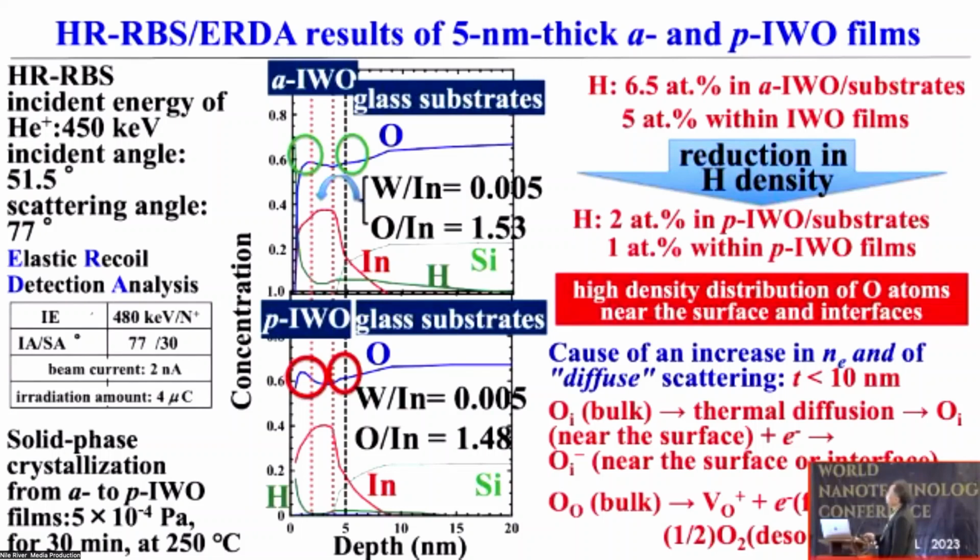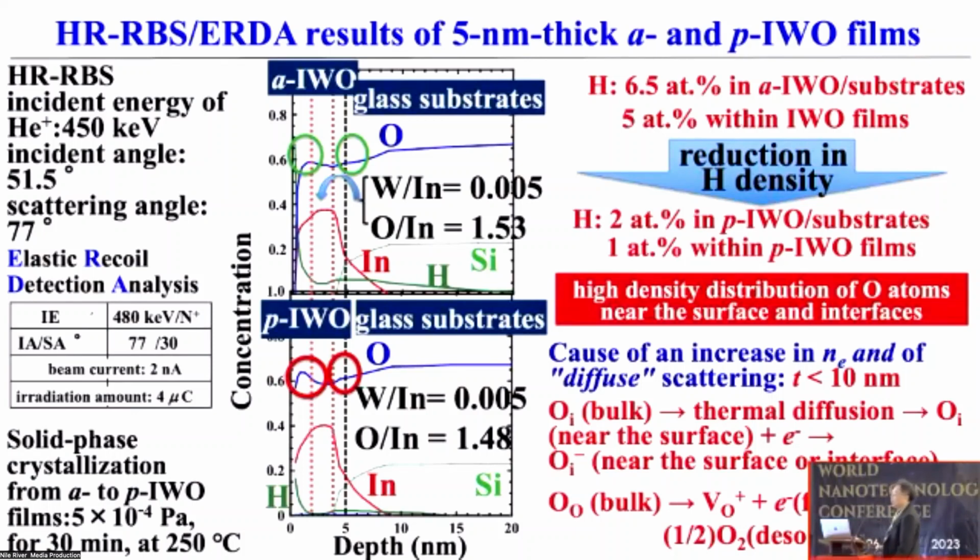For the amorphous IWO films, you find oxygen rich. And as a result of the post-annealing, the film bulk changes to oxygen poor, whereas we find a high density distribution of oxygen atoms near the surface and the interfaces.